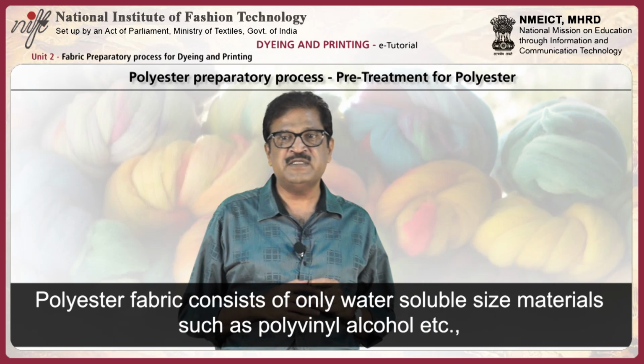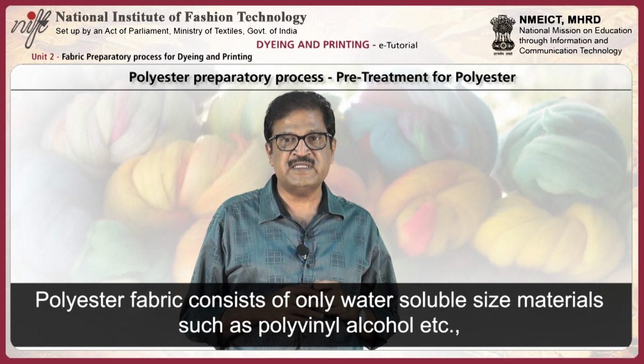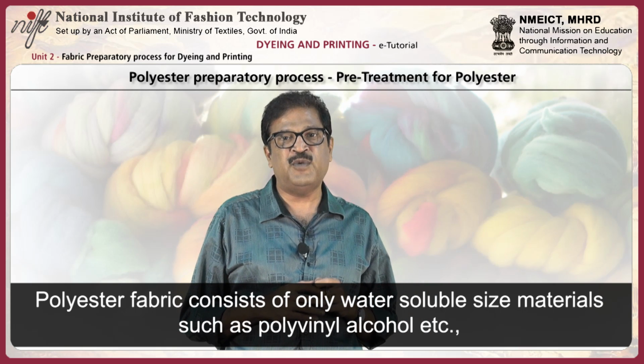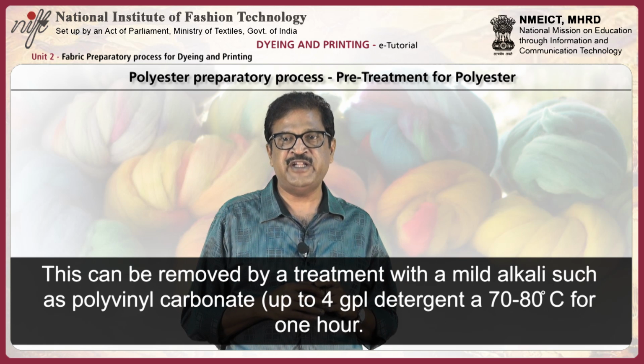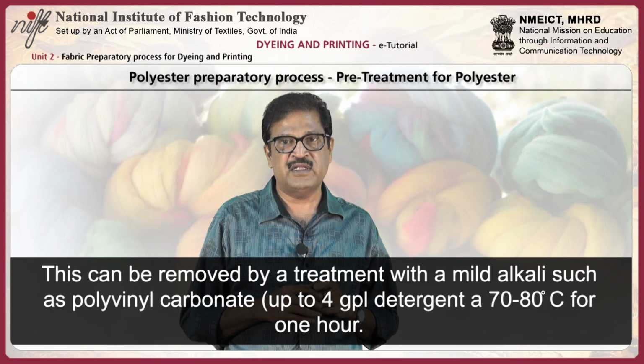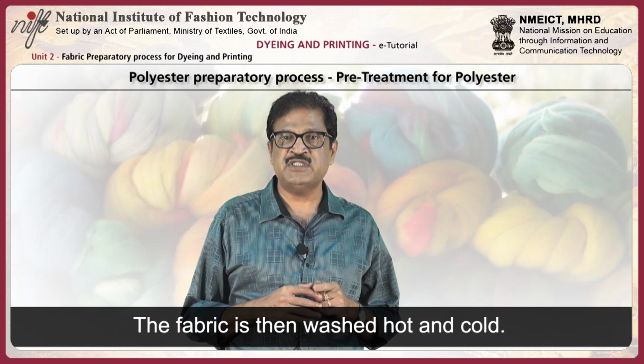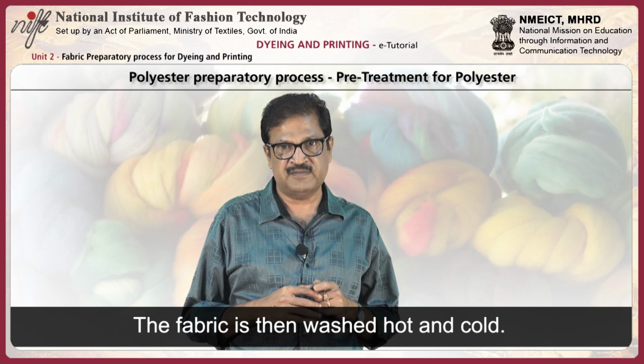Polyester fabric consists of only water soluble size materials such as polyvinyl alcohol, which can be removed by a treatment with a mild alkali such as sodium carbonate and up to 4 grams per liter detergent at 70 to 80 degrees centigrade for 1 hour. The fabric is then washed in hot and cold water.